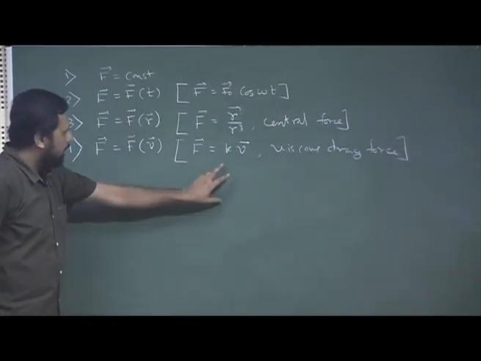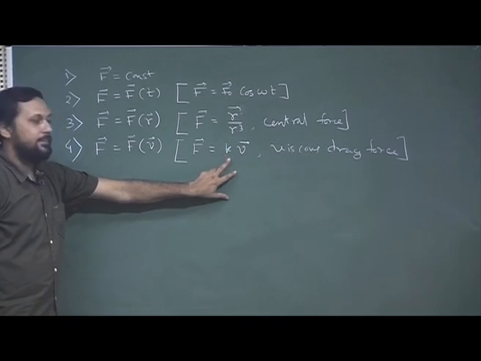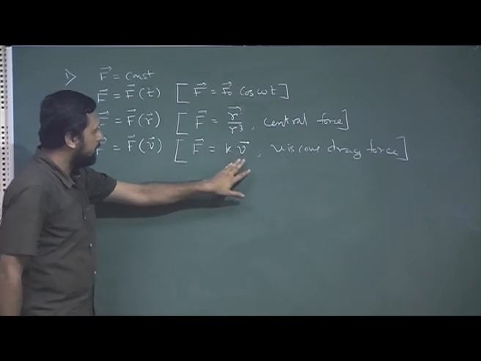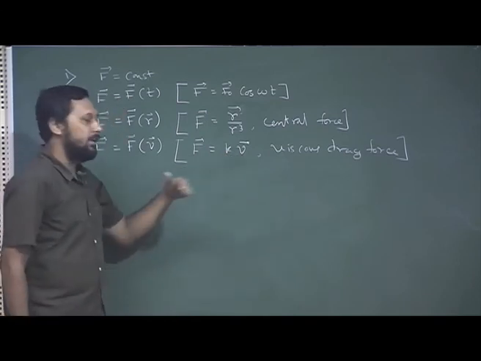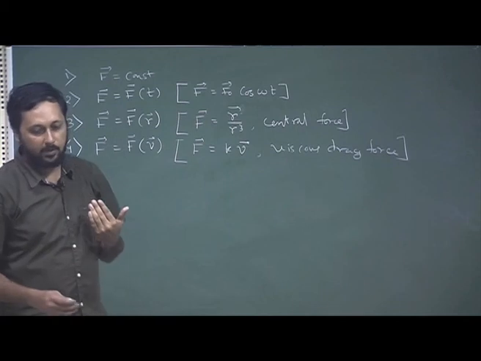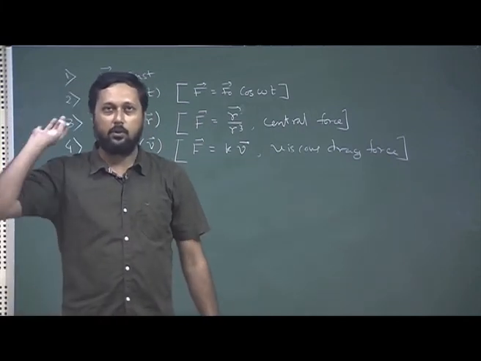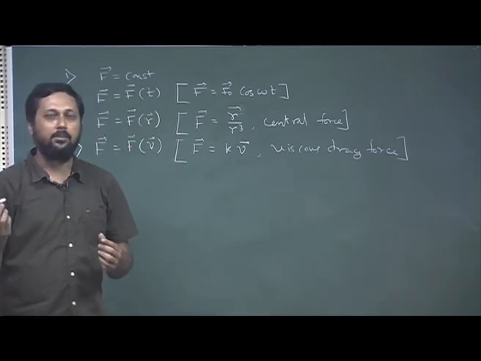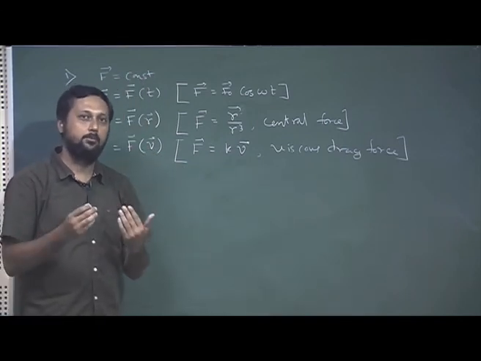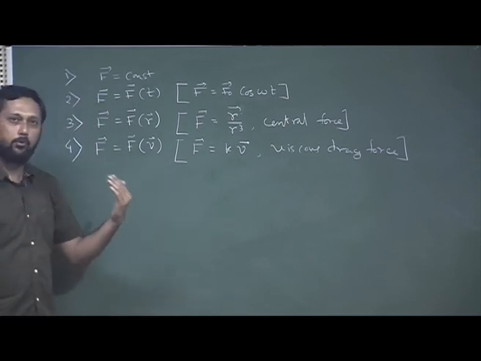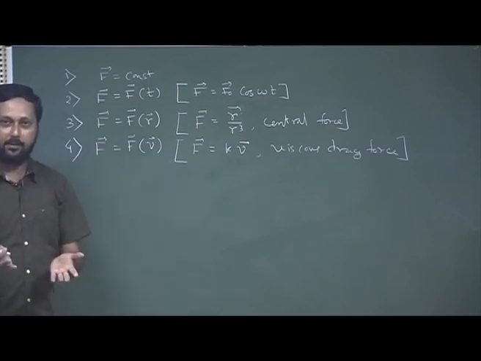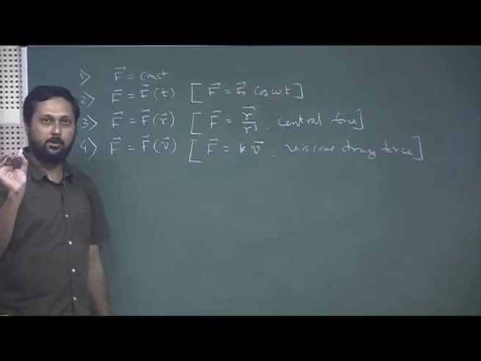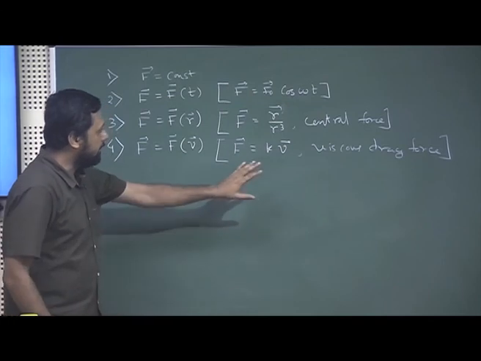This particular force is a resistive force. For example, if I throw this chalk through the air in this room, alongside the gravitational pull it will also have a force due to the presence of air in this room. That force will be proportional to the velocity of the object. So, this is called a viscous drag force.